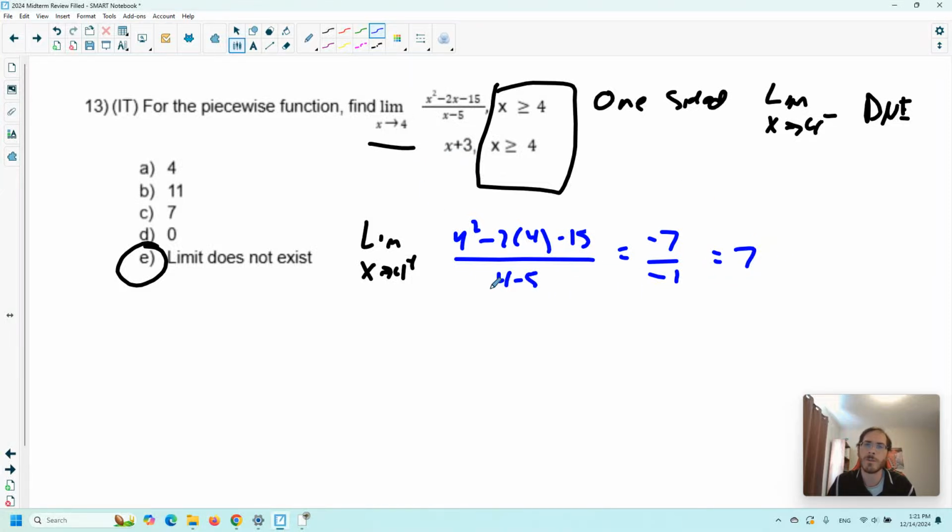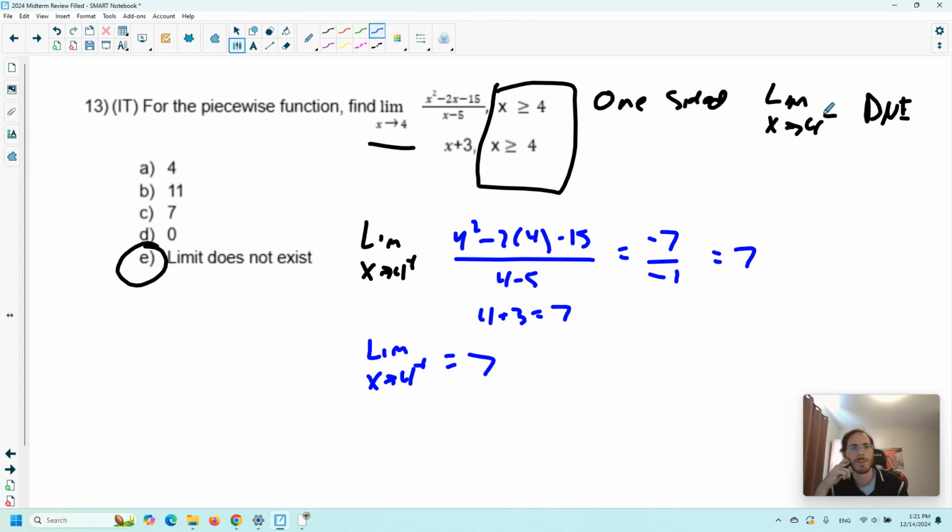On the bottom, we have 4 plus 3, which also equals 7. So I guess we could say the limit as x approaches 4 from the right is equal to 7, because it does work for both equations. This isn't really a function, so it's not really a good choice, but I guess that's true. But overall, since this doesn't exist on the left side, overall it doesn't exist.